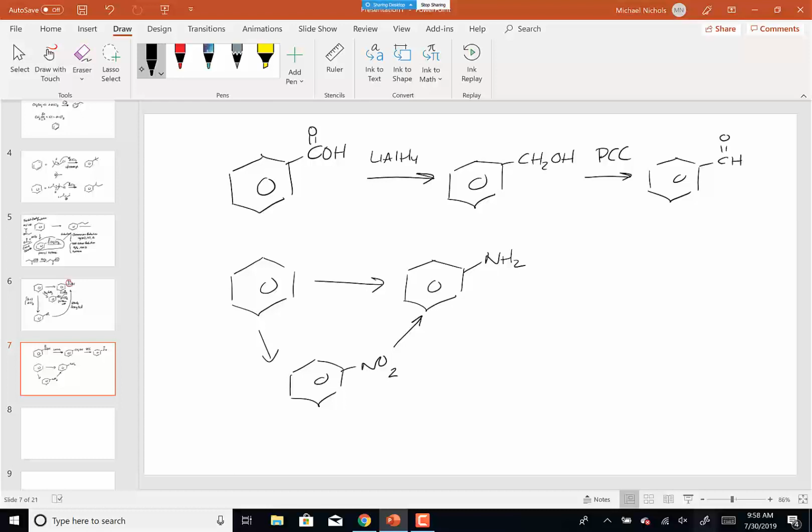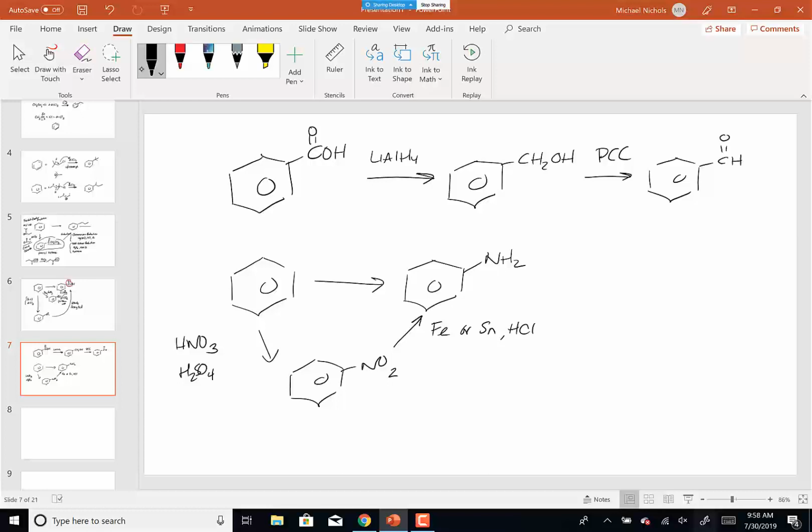So first of all, I add the nitro group with HNO3 and H2SO4. That's going to add on my nitro group, and then to reduce the nitro group, I have a couple of choices. I can use iron metal or tin metal and HCl.